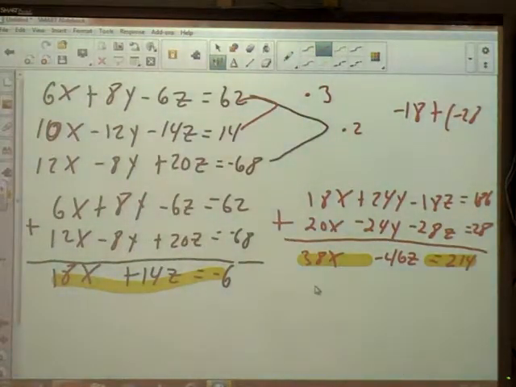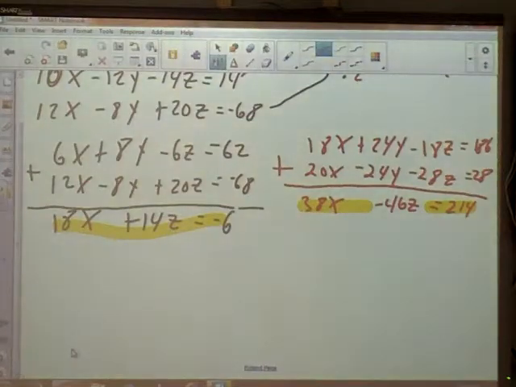What will 18 and 38 go into, or what about my z's? What will 14 and 46 go into? That's what we got to figure out.